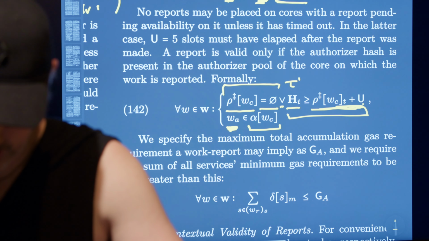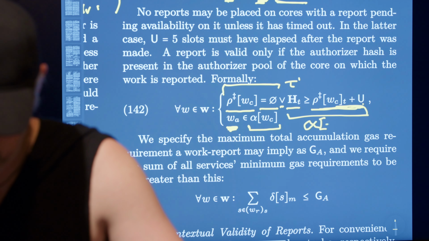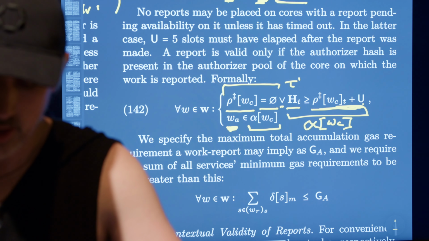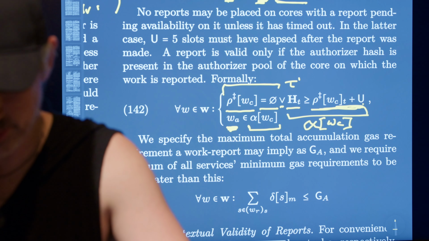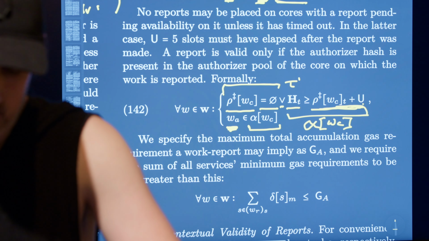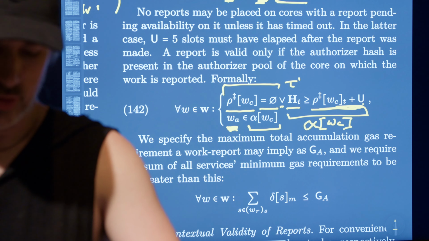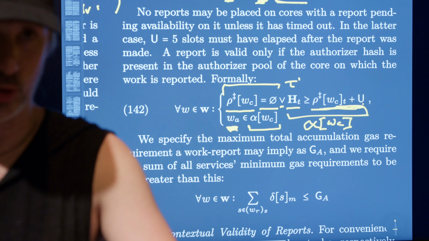So alpha is our authorization pool sequence. We subscript it by the core index to get the authorization pool for that core. It's the prior, right? So it hasn't been moved along yet. And we want to know whether the authorization hash was in that pool. This basically means the work package was authorized to be executed on this core at this time.